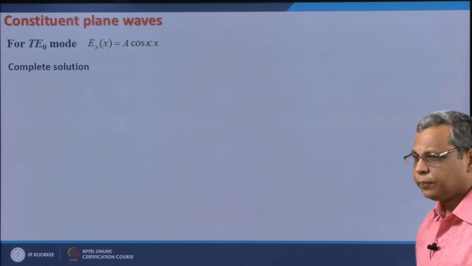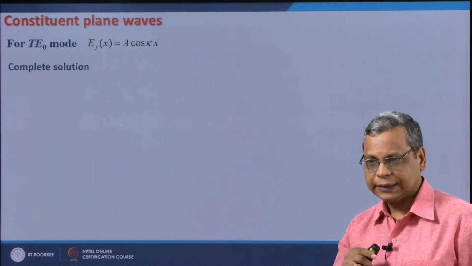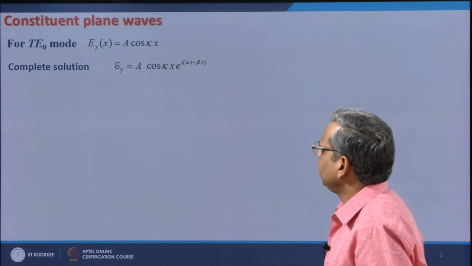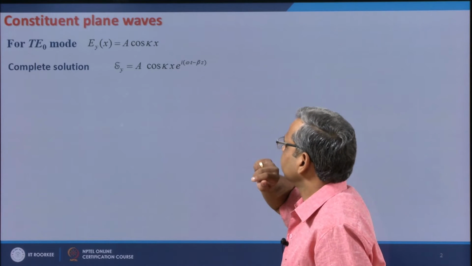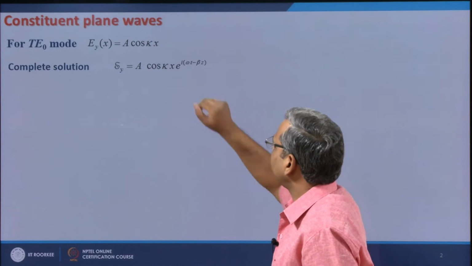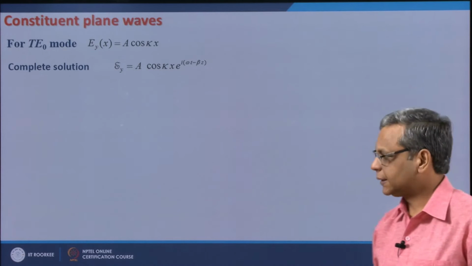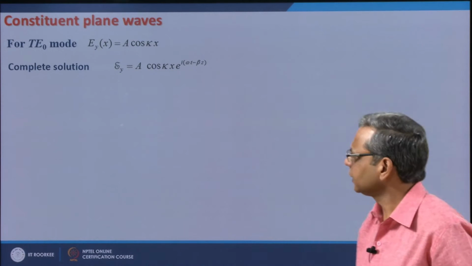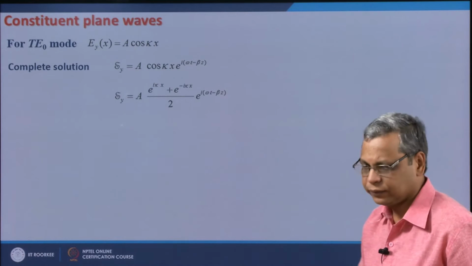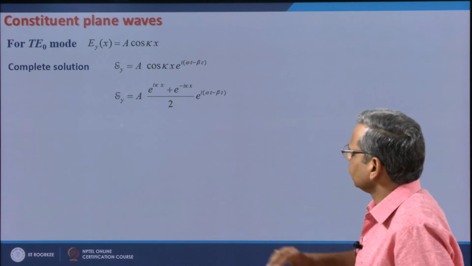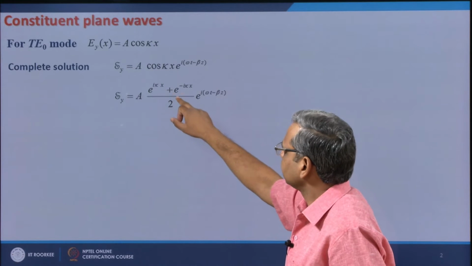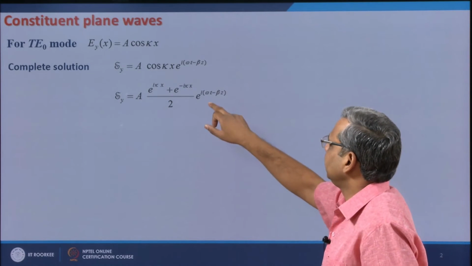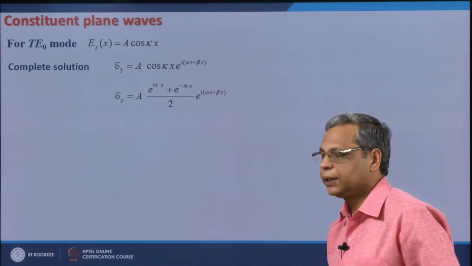If I write down the complete solution, that is the z part and t part also, then it would be A cosine kappa x e to the power i omega t minus beta z. Let me expand this cosine kappa x in the same way as I had done for the planar mirror waveguide. So, it is e to the power i kappa x plus e to the power minus i kappa x, divided by 2, times e to the power i omega t minus beta z.